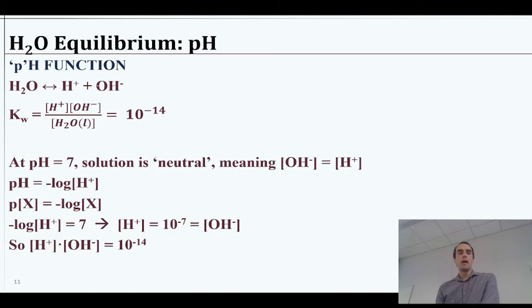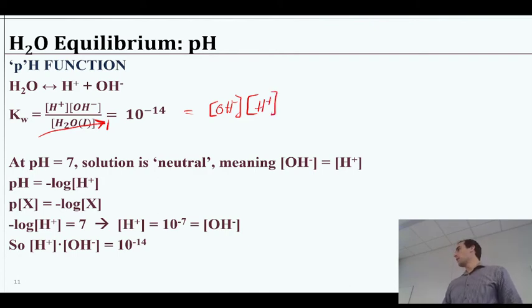So if we write it this way, what we'll notice is this guy goes to 1. So really, 10 to the minus 14th is equal to the product of OH minus times H plus. So that's a pretty simple relation. If we know something about the pH, then we know the ratio of OH minus and H plus.